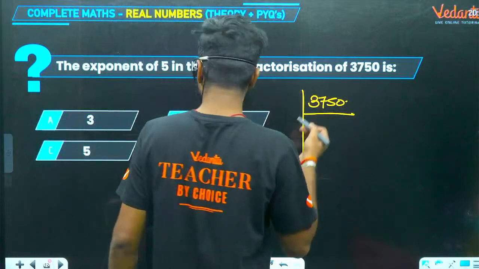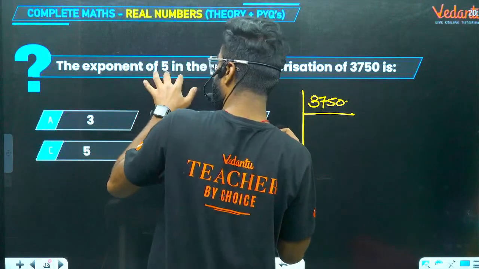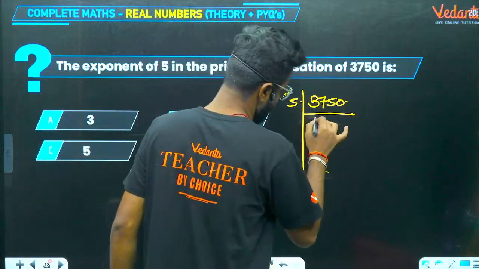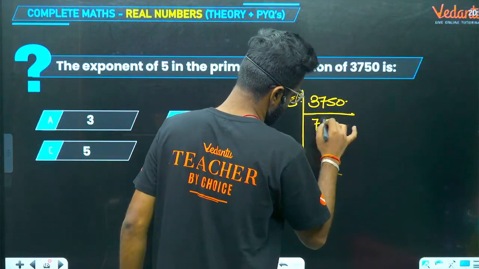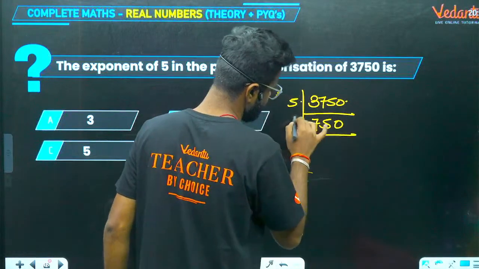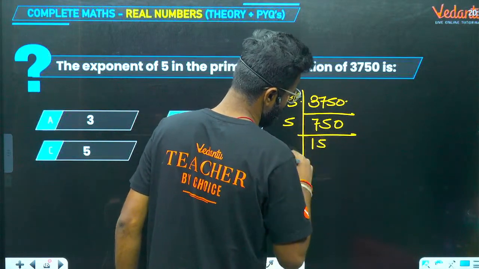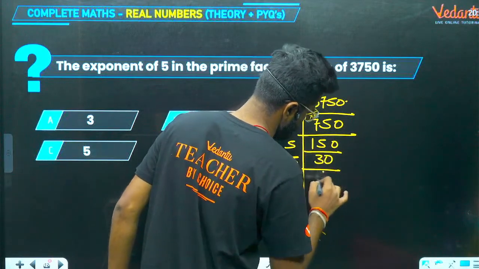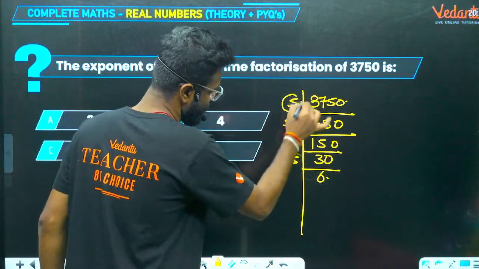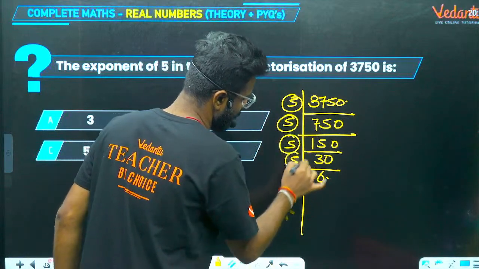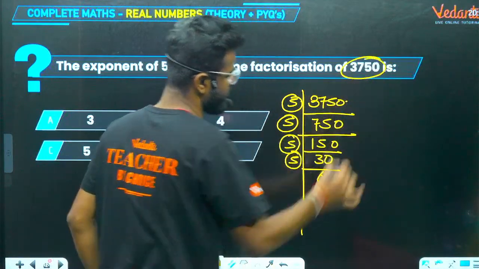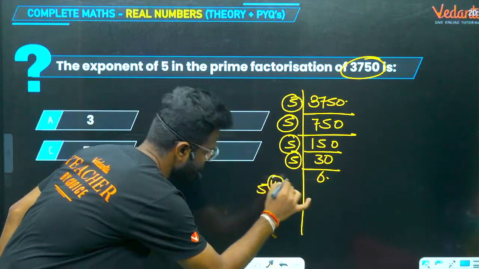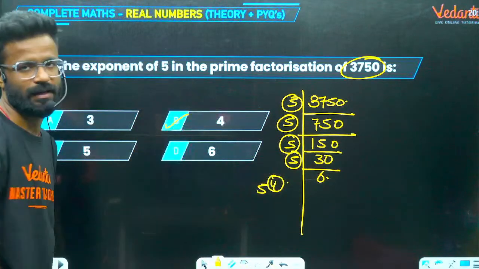To find the exponent of 5, it must be divisible by 5. 5 7s are 35. 5 5s are 25. 5 1s are 5. 5 5s are 25. 5 3s are 15. 5 6s are 30. The exponent of 5 in the prime factorization of 3750 is 4. 5 to the power 4. So 4 is the correct answer.